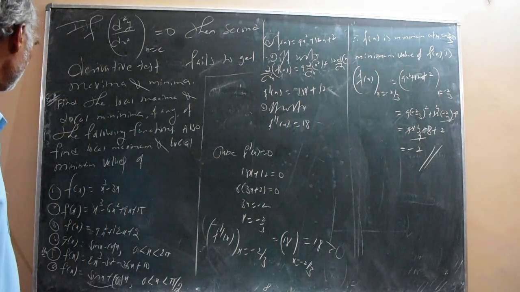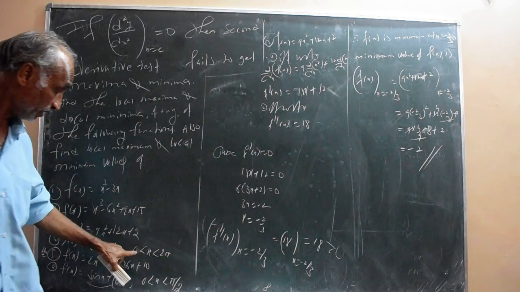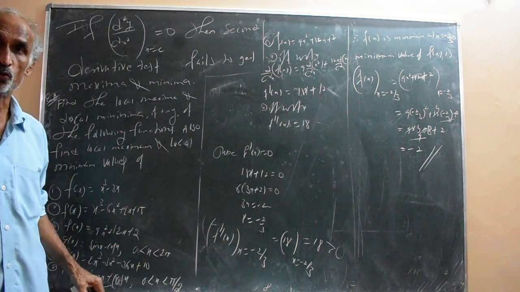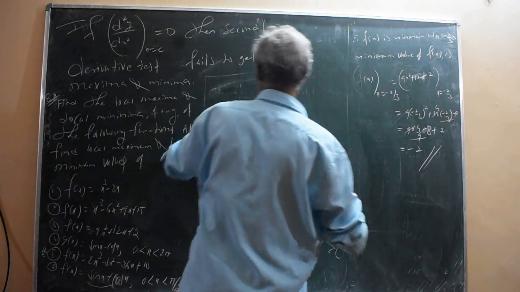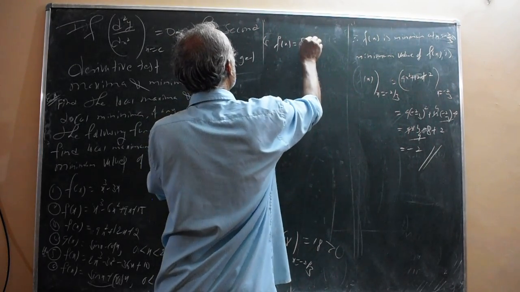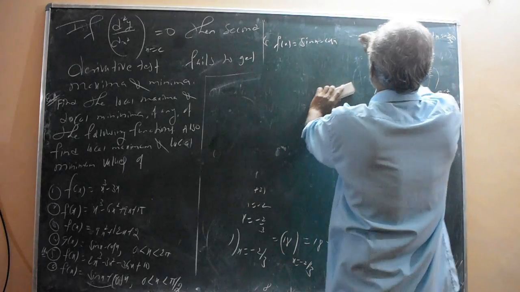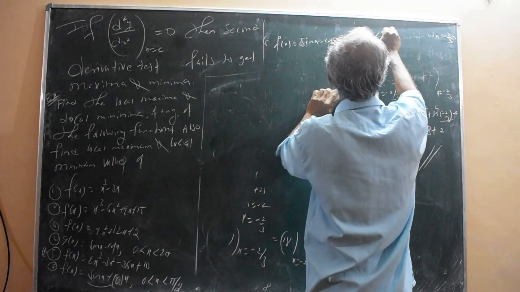Next one is f of x is sin x minus cos x. Here I have to take the interval of x values as 0 to 2 pi. I think time does not permit completing this problem, but the x value should be taken within 0 to 2 pi.